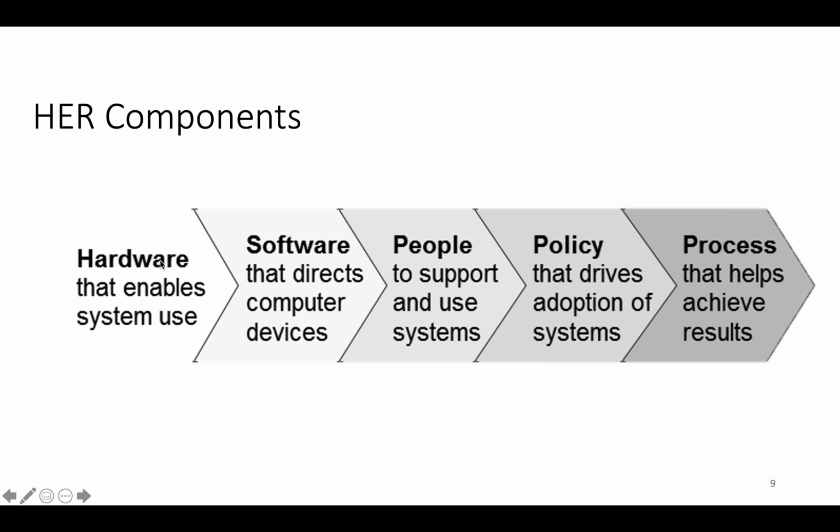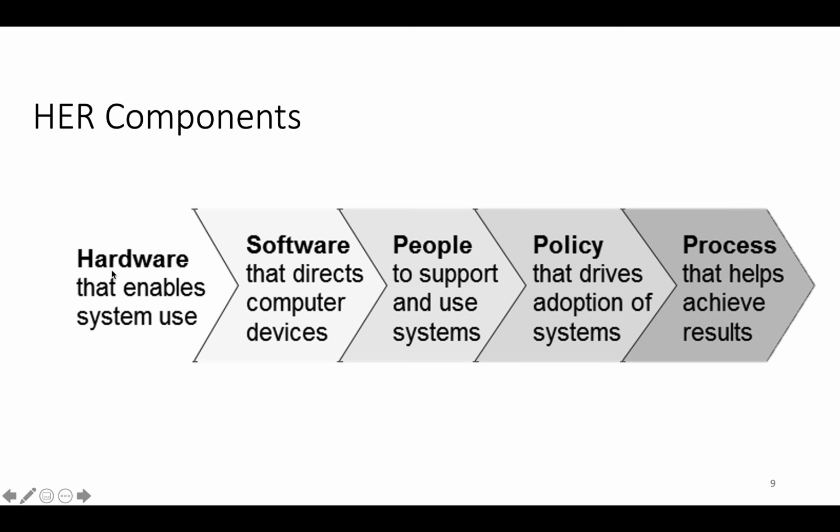You need hardware. Within the hospital, you need computers, network, connectivity, devices, maybe wireless connectivity as well. So this is the hardware that you need within the hospital. You need software. You need the programmed system that you install on computers and devices, so you can work on it.